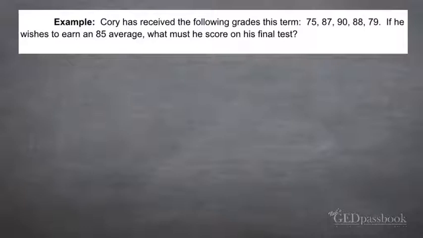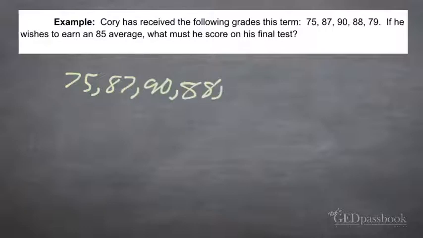Before, we were given all the numbers: 75, 87, 90, 88, 79, and some other number. And what we had to do was add all of those and then divide by the amount of numbers there were, right?